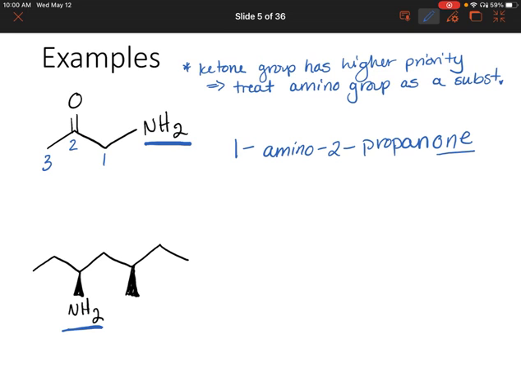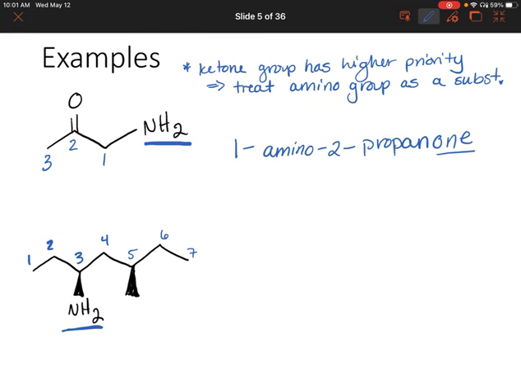That would have priority over any of our alkyl groups, for instance. So I'm going to number from left to right, 1, 2, 3, 4, 5, 6, 7.